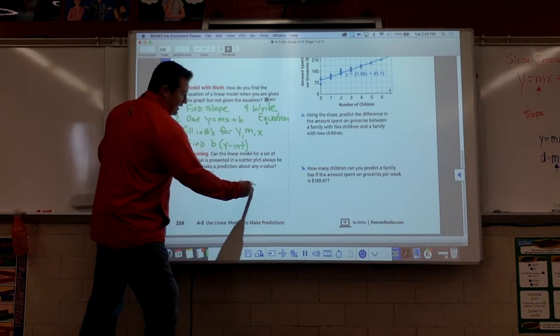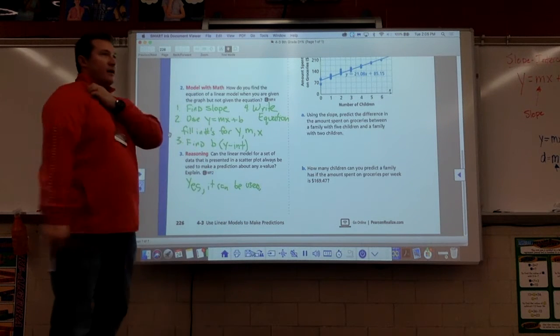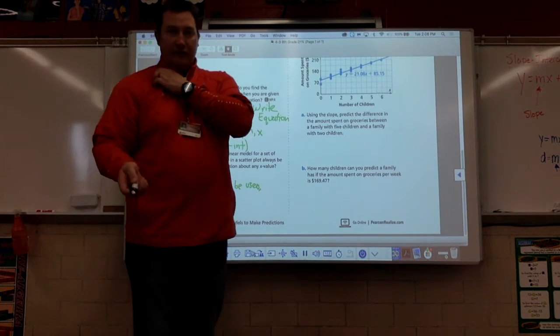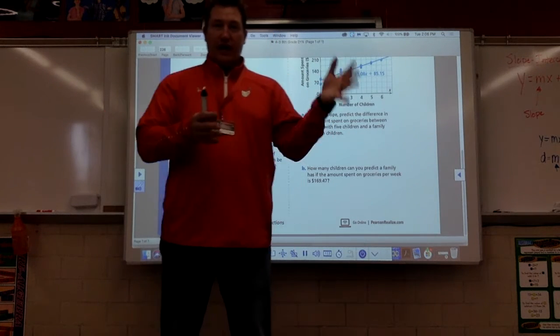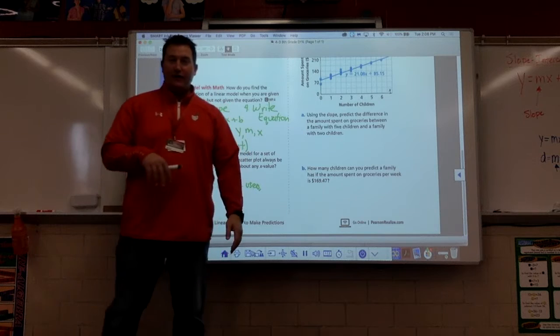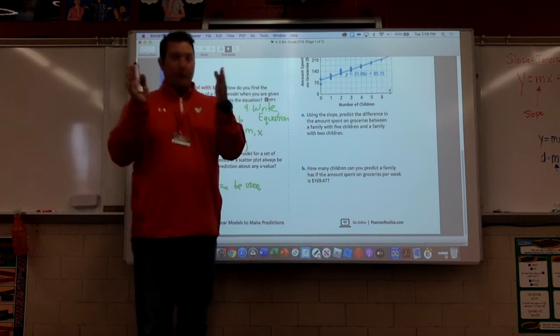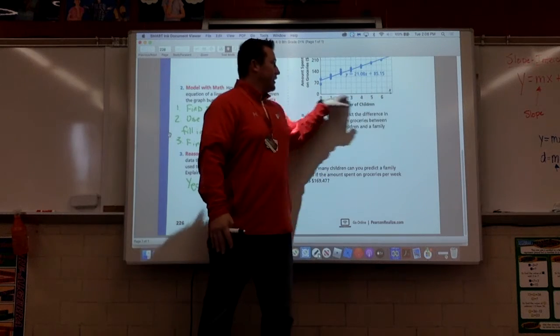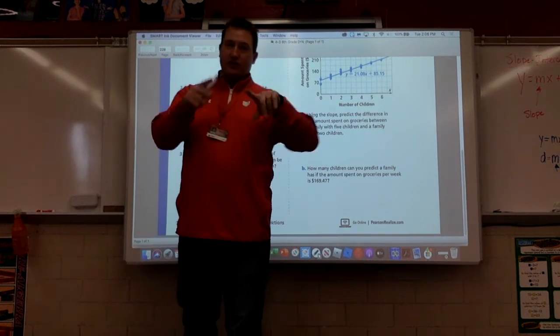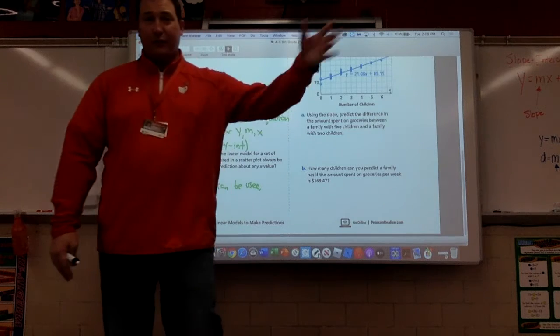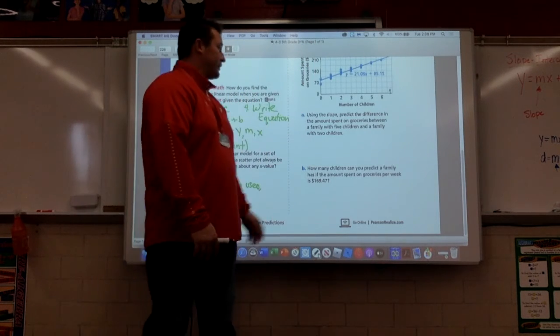Now, here's the deal, gang. There are these weird words we call extrapolation and interpolation. We're not really going to go into either one of those, right? But if we are interpolating data from, like here, number of children, 1 through 6 is interpolation. Once we get outside of 6 and we're at 7 through whatever, that's extrapolation.